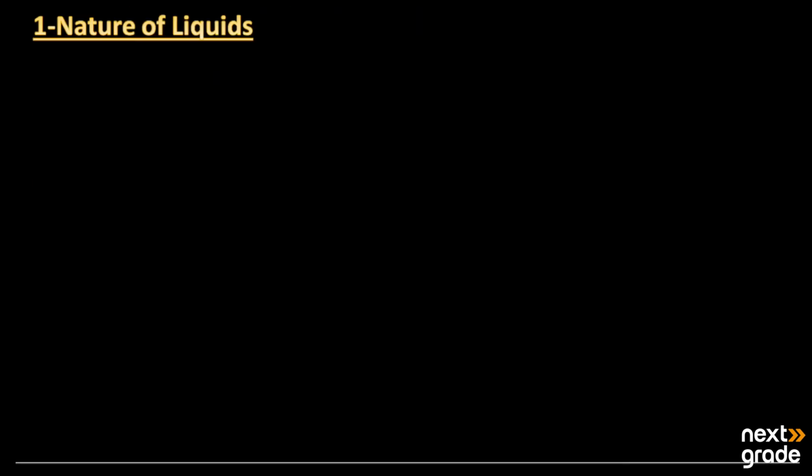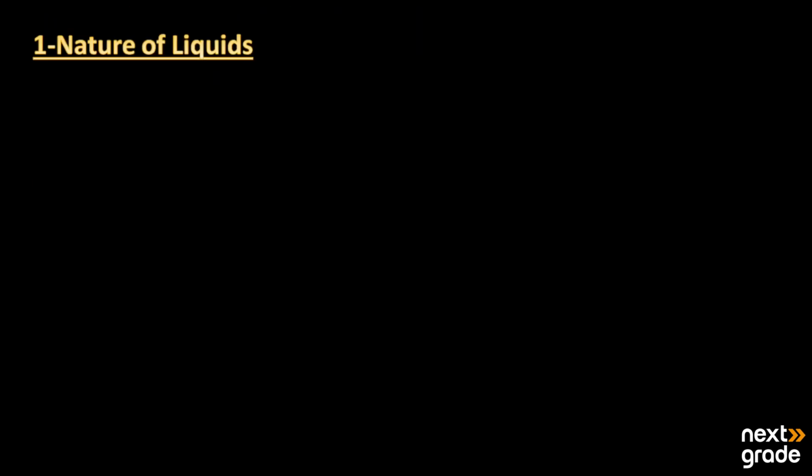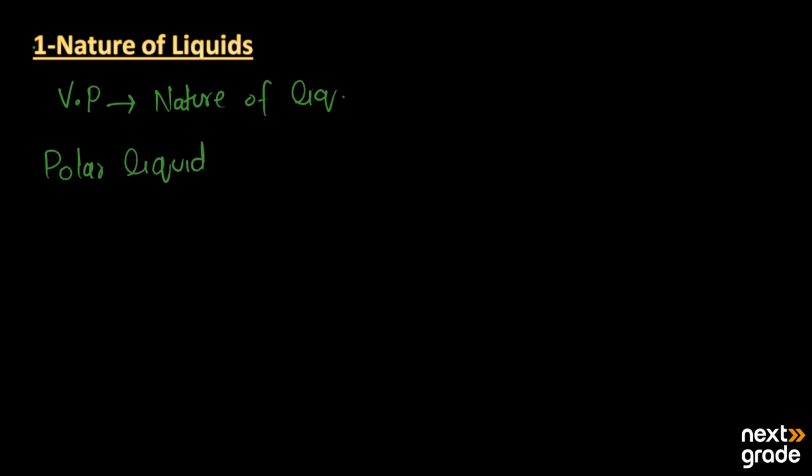Okay, the first one is the nature of the liquid. How the nature of the liquid affects the vapor pressure depends upon the nature of the liquid. For example, we have two types of liquids: the polar liquids and the non-polar liquids. Now, how are these liquids different?